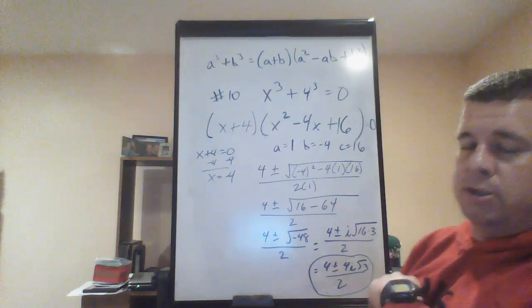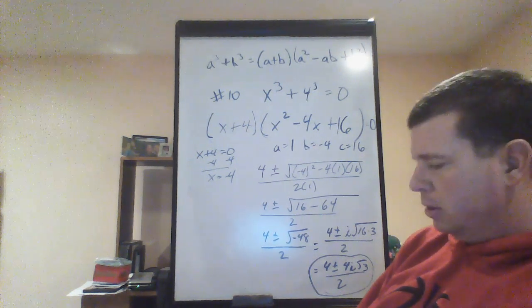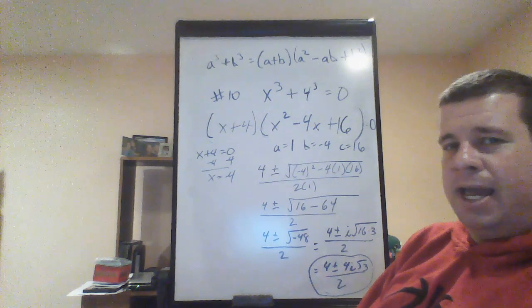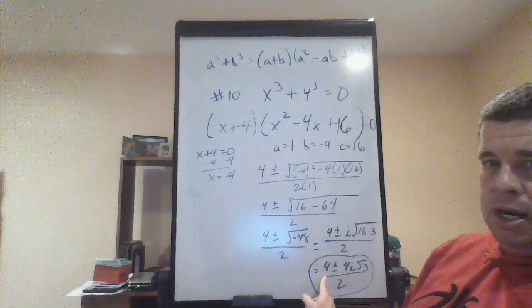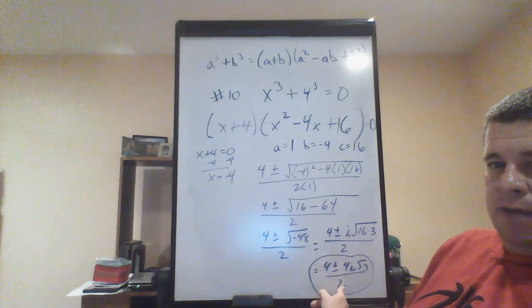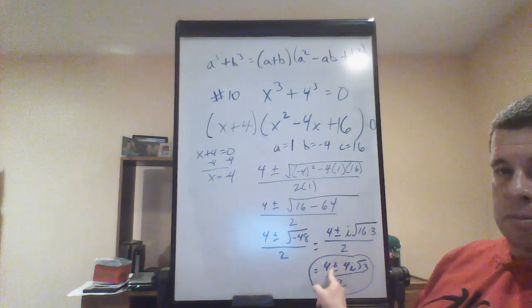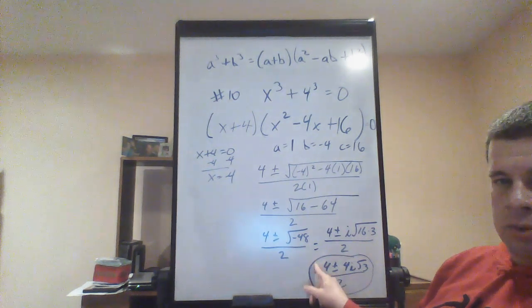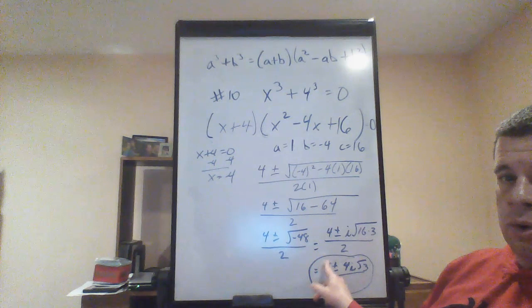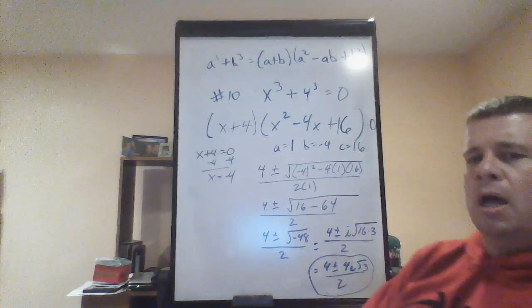But to get it to match the answer that I had: one of the solutions is -4, the other solutions are right here, but everything can be divided by a factor of 2. That's where you see 2 plus or minus 2i radical 3 over 1. I didn't put the over 1, so in the other answer you would see 2 plus or minus 2i radical 3.